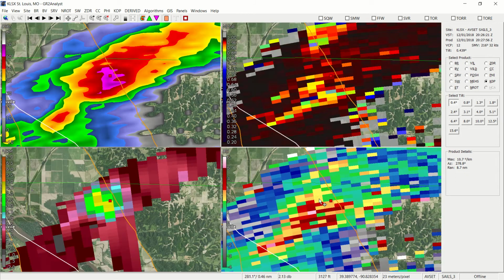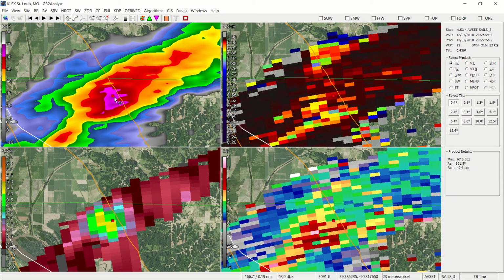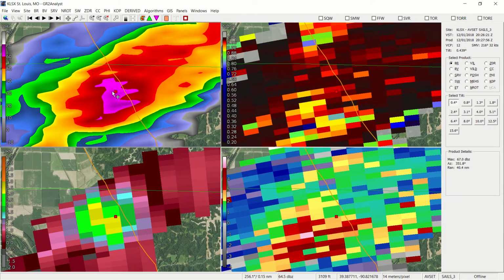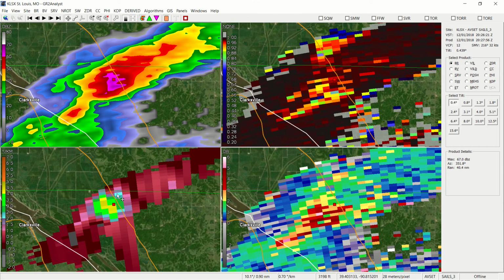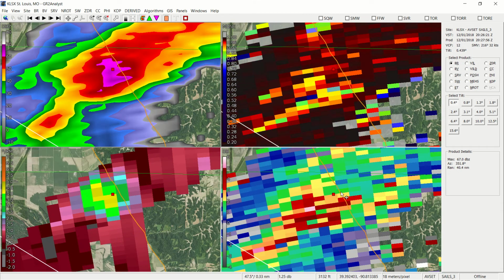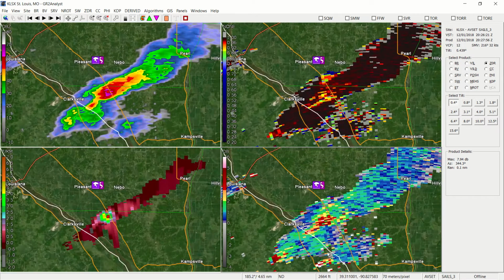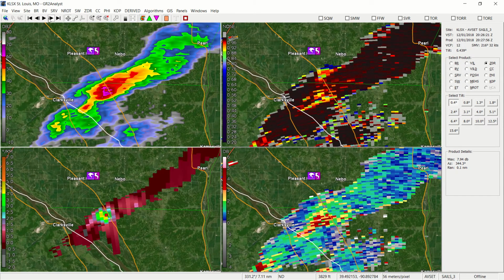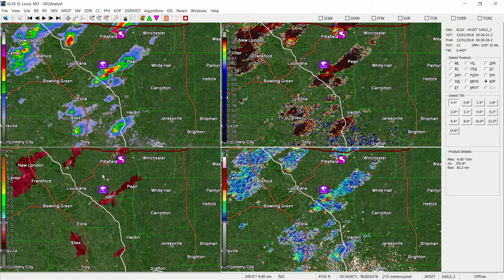So maybe a little bit of hail mixed in there, but for the most part, even with this as strong as it is, we're well past 60 dBz. Let's see if we can get the read, 63 dBz, 64, 64.5. So strong, what might be hail, but with KDP and the differential reflectivity and correlation coefficient, I'd say this is more likely a lot of heavy rain occurring in this area. So those are some of the things that can help you identify these features with dual pole.